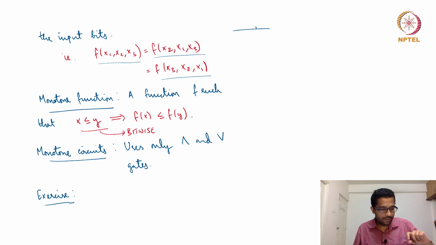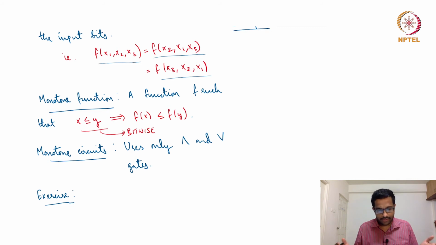If I add an edge and the original graph had a clique of size 10, the graph will still have that clique. However, if you did not have a clique of size 10, then the addition could potentially create one, but it need not. But one thing is for sure: adding an edge will not remove a clique that is already there. So this is a monotone property. Many natural properties, especially in the context of graphs, are monotone functions.